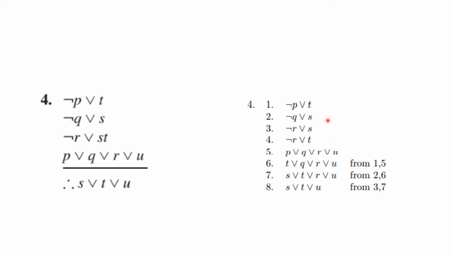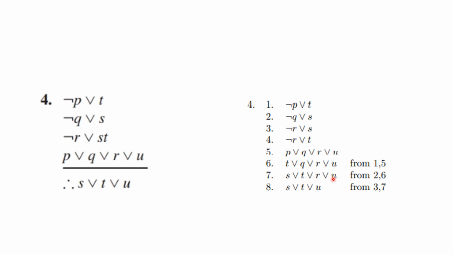From 2 and 6, we see that here we have not Q or S. And in 6, we now have Q or this business, T or R or U. So that means that what we can deduce from that is that it must be S or T or R or U.